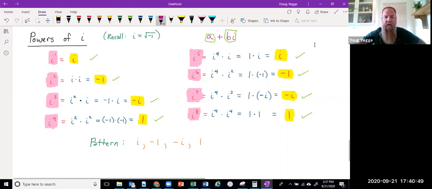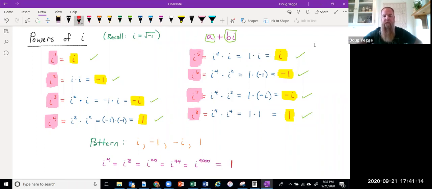And more importantly, we should also realize that i to the fourth will give the same value as i to the eighth, which will give the same value as i to the 20th, or i to the 44th, or i to the 4,000th. Every single one of these is giving me the same result of 1.